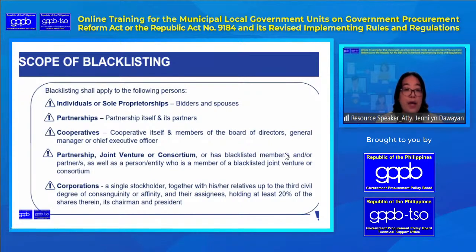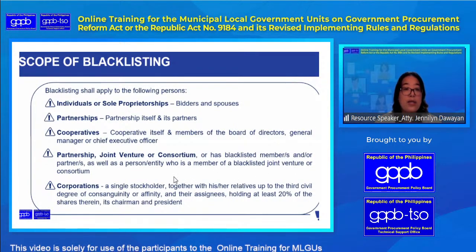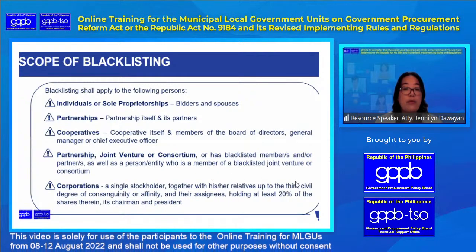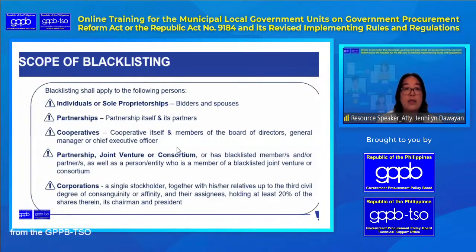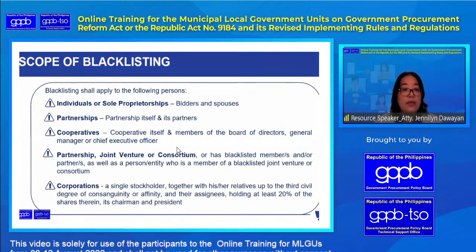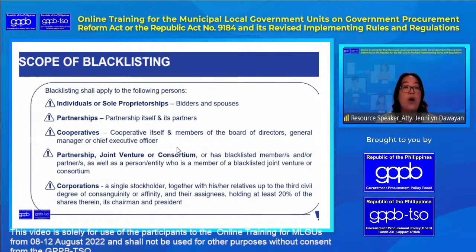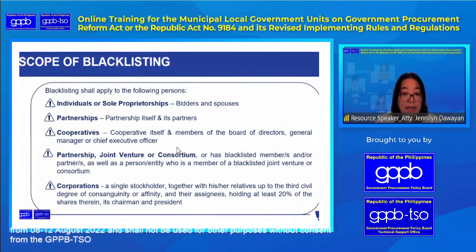It covers blacklisted members of the partnership or consortium, as well as any person or entity who is a member of the blacklisted venture or consortium. So if they are partners and were blacklisted and then formed a consortium with others, that is not allowed. In the case of a corporation, a single stockholder together with her relatives up to the third civil degree of consanguinity or affinity, or their assignees, holding at least 20% of the shares, its chairman or its president.